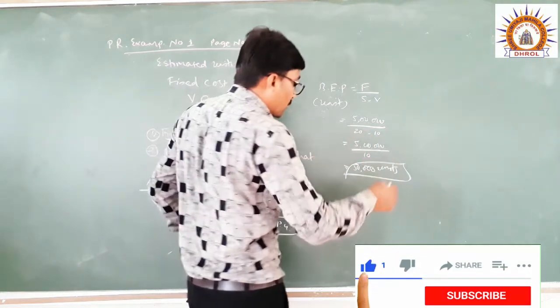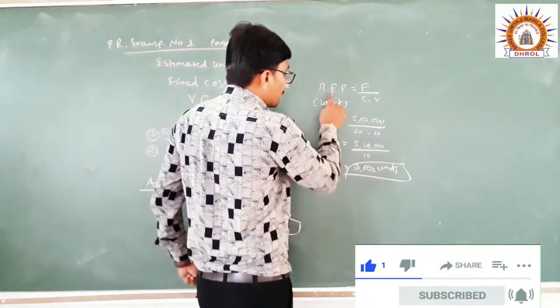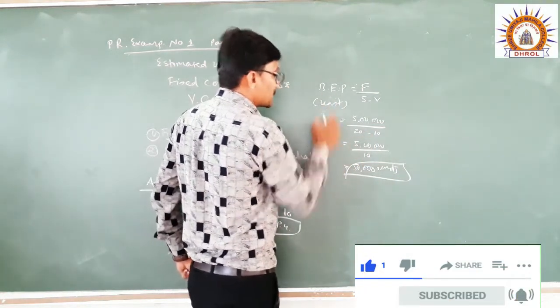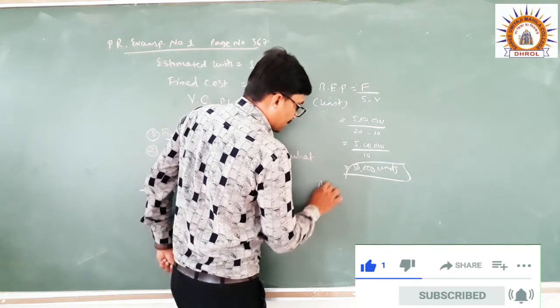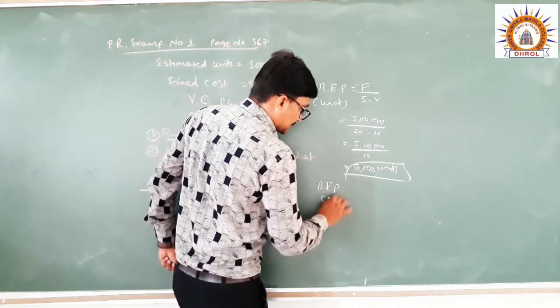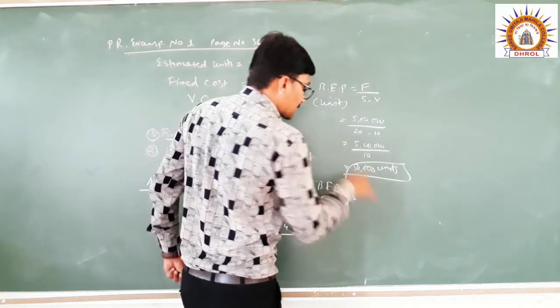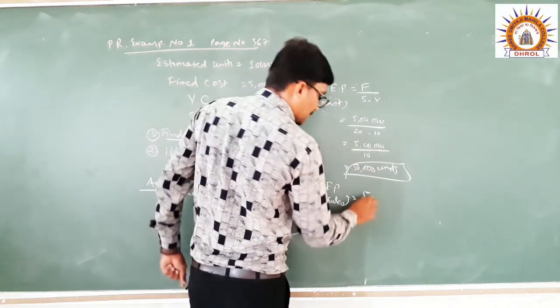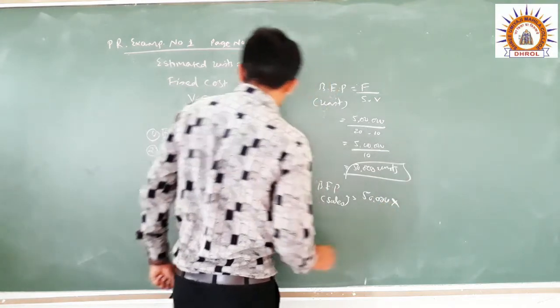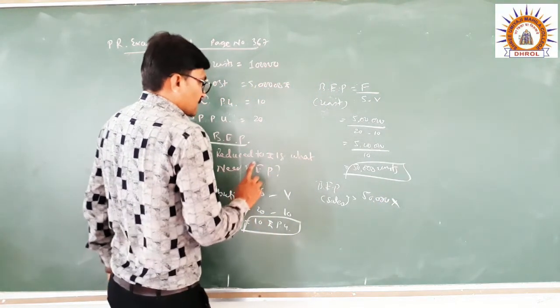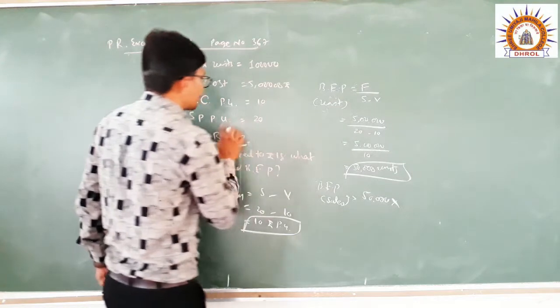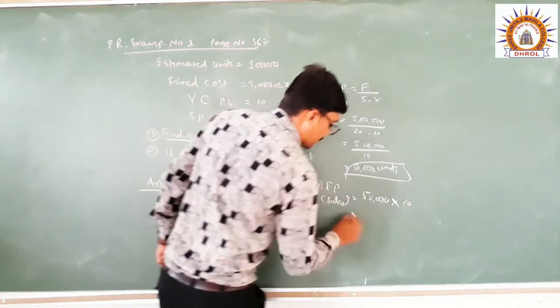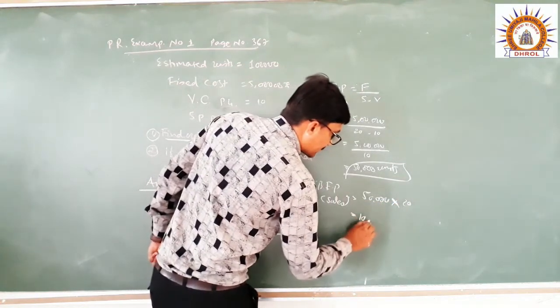And furthermore, suppose I want to calculate the break-even point in terms of rupees, that means break-even sales. So whatever the BEP in terms of units, 50,000, multiplied by the selling price per unit, 20.